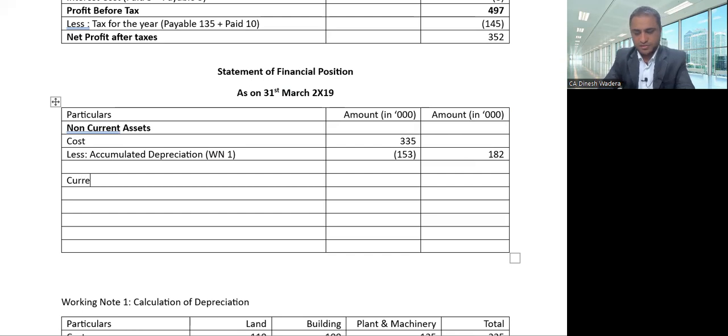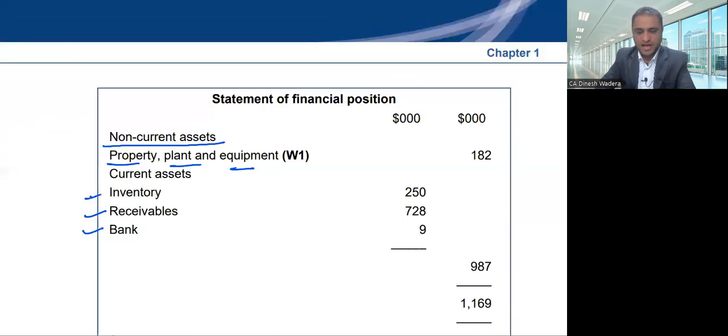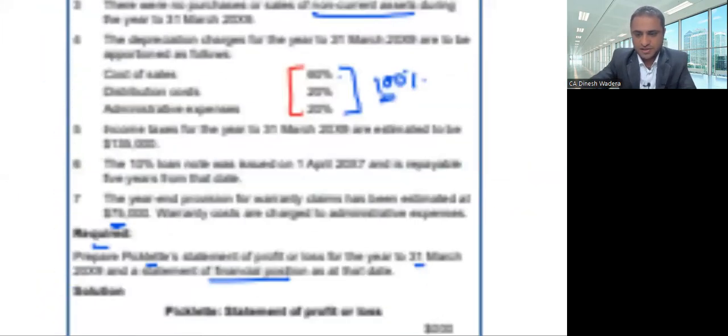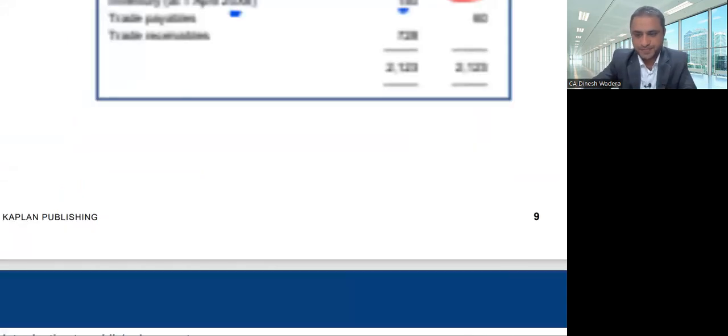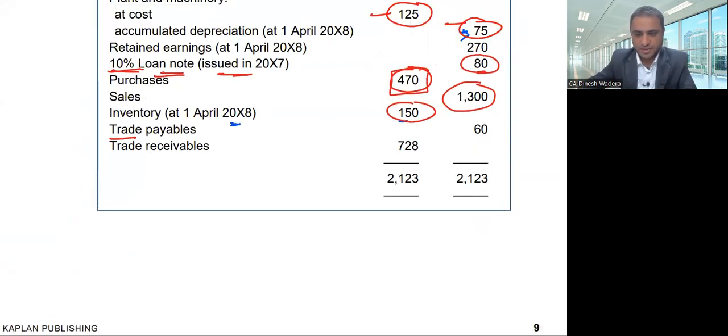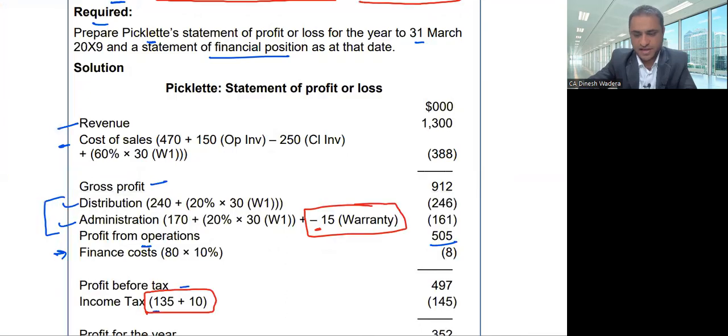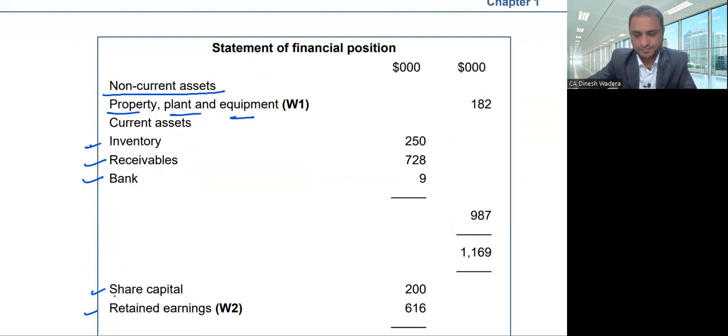Then let's come to the next part, current assets. Current assets will have inventory and receivables, already given in the trial balance. Inventory will always be a closing inventory. And of course, trade payables 60. Is there any adjustment in that? Sorry, trade payable is a current liability.